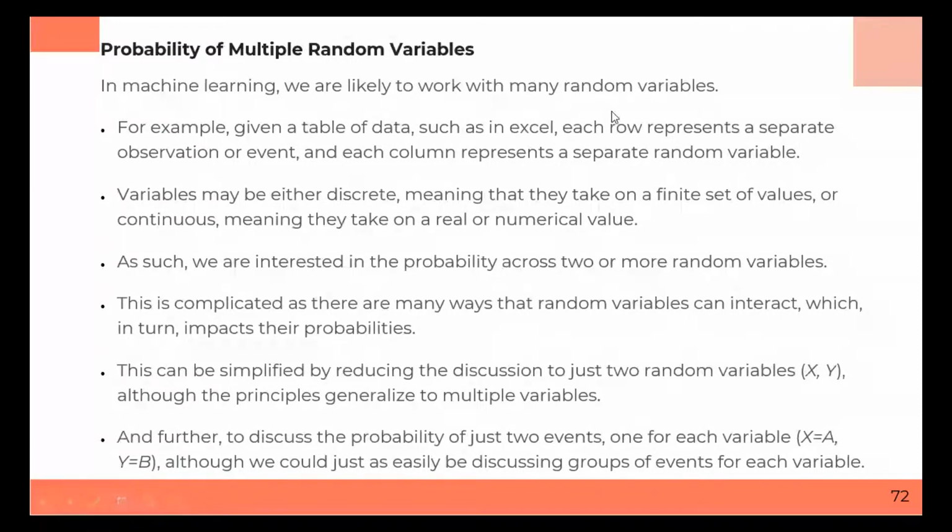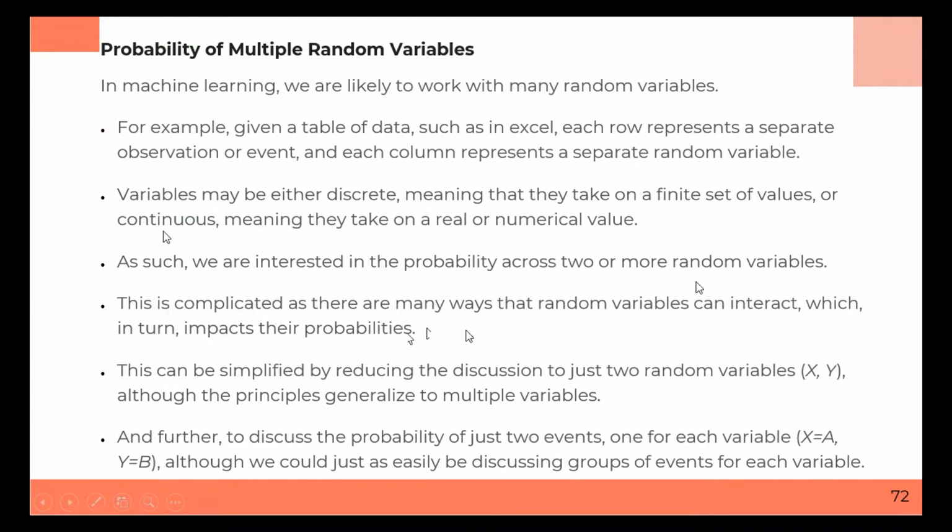Variables may be discrete, meaning they take a finite set of values, or continuous, meaning they take on real numbers or numerical values. So we are interested in the probability across two or more random variables.